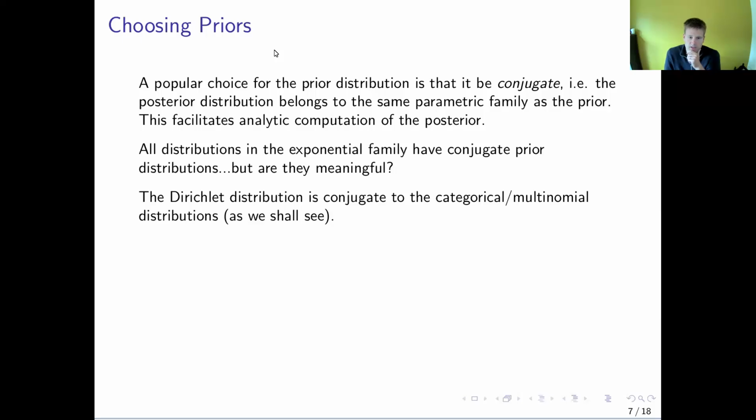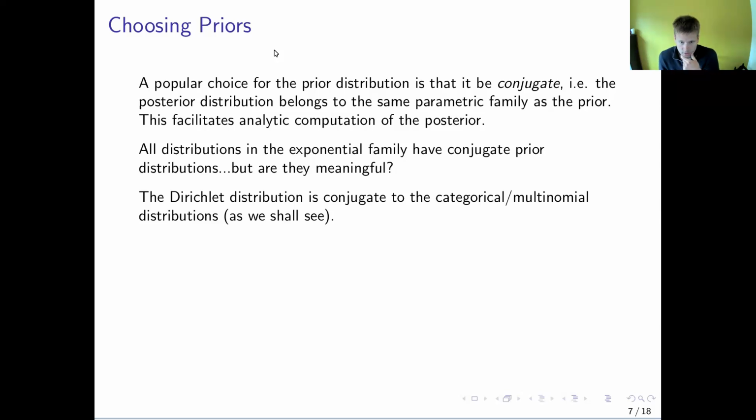So a popular choice for a prior distribution is that it be so-called conjugate. Conjugate means that the prior and posterior distributions lie in the same family given the likelihood function. The most well-known example of a conjugate prior is if you're trying to do inference on the mean of a normal distribution, then you can give it a normally distributed prior, and your belief about the mean in the posterior is going to remain a normal distribution.